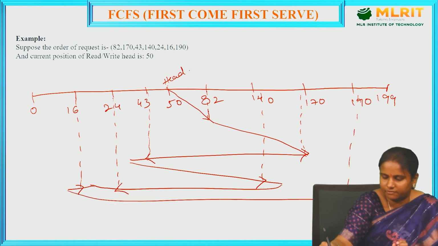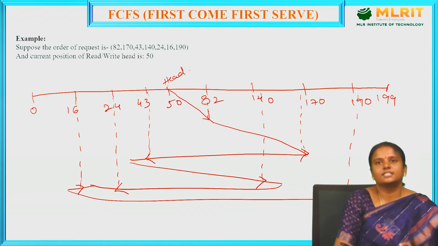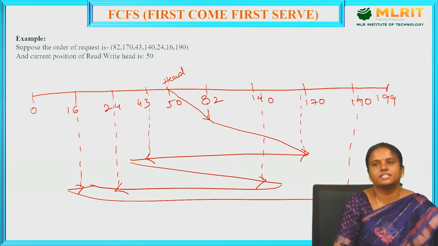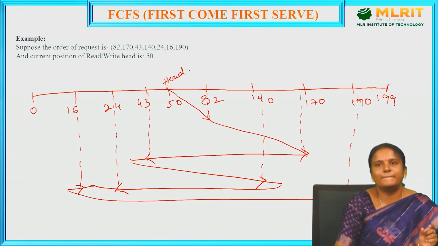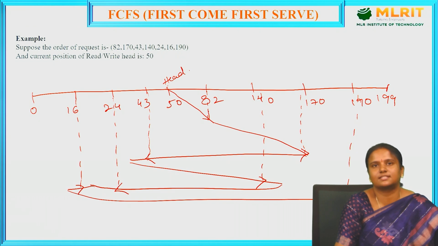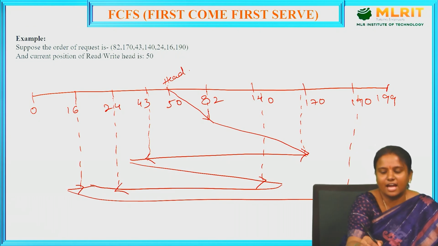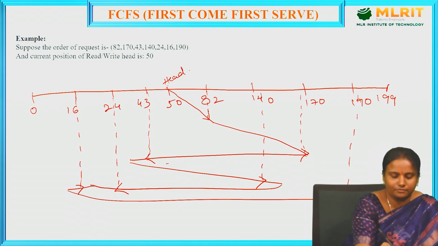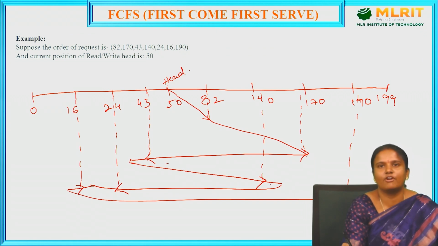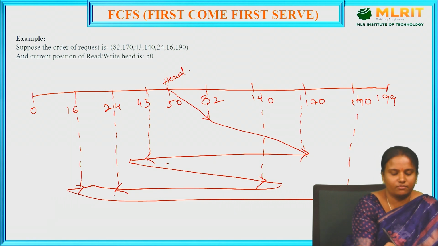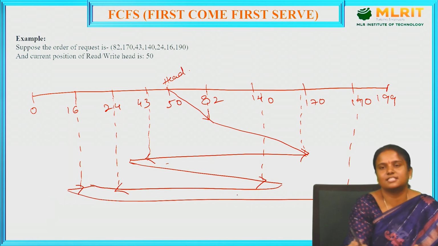So this is our first come first serve scheduling algorithm, and we are placing the requests in the order they come. Moving from the head, the first number is 82, then we move to 170, then 43, then the next number is 140, next disk is 24, next is 16, and next is 190.